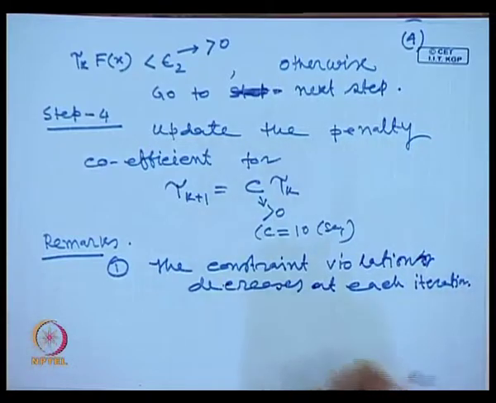From each iteration the constraint violation slowly decreases, meaning it is approaching the feasible region.